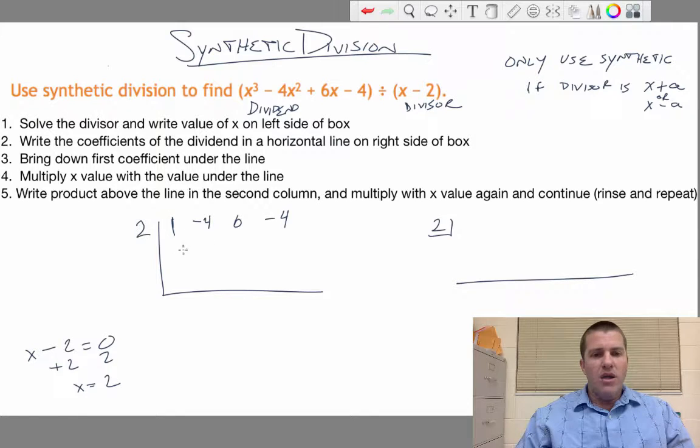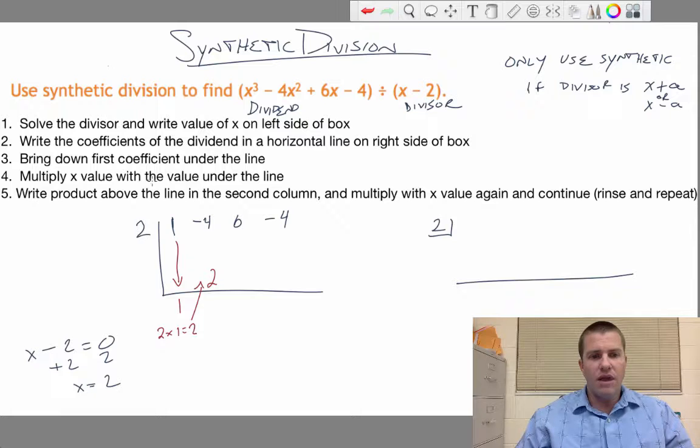Now I'm going to bring down this first coefficient and write it under the line. Then I'm going to multiply this x value, 2, with the number under the line. You don't have to do this every time, but I'll go ahead and show it to you. 2 times 1 is 2, and then I write that up here.